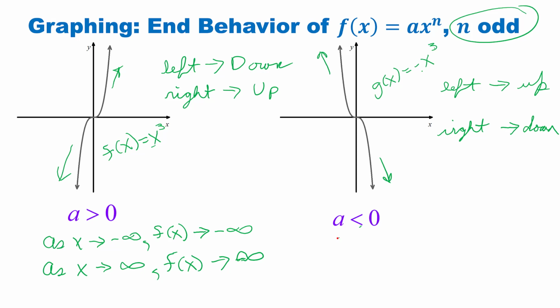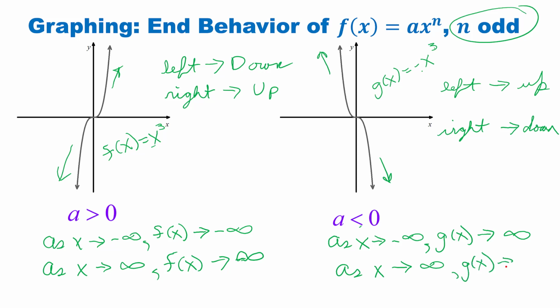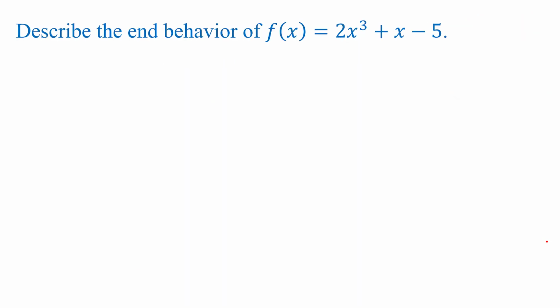And we would write that as x approaches negative infinity, g of x approaches positive infinity. As x approaches positive infinity, g of x approaches negative infinity.